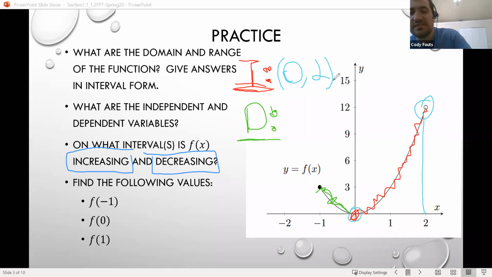So we see that it starts here at -1, and then it goes over to 0 again. And just as a reminder, we're looking at the input values that are covered there. And at -1, even though there's a closed dot there, we're still going to put a parenthesis on that -1 because we don't know what happens to the left of that point, and that's where our interval starts.